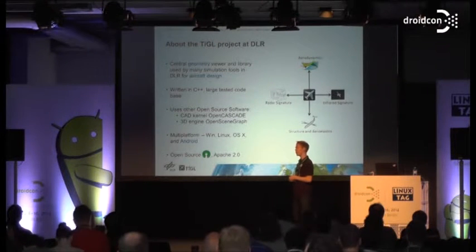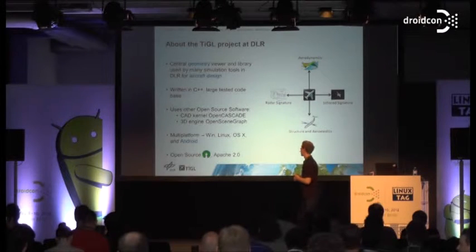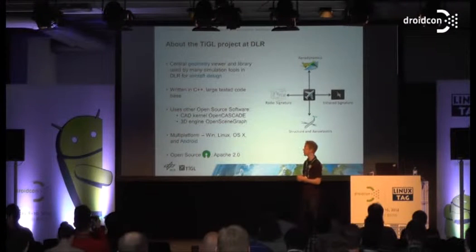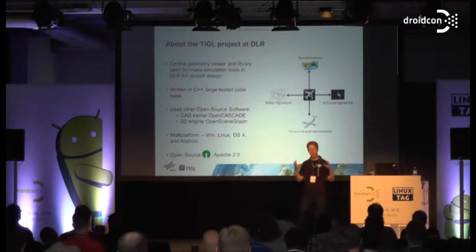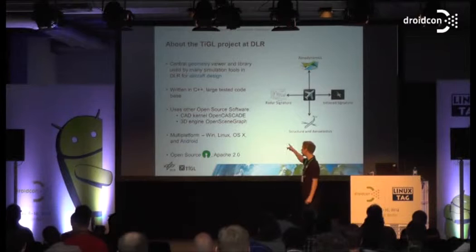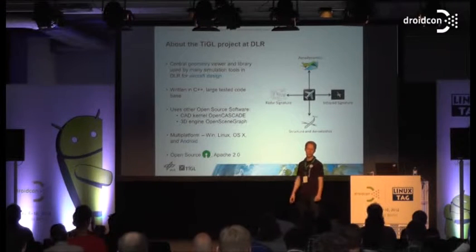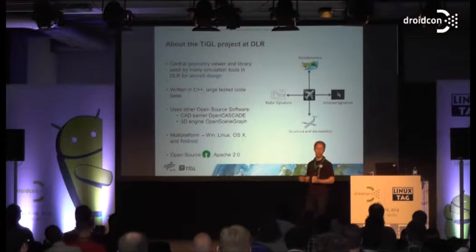It has a quite large code base, and the most important thing is that it's tested. And we're using other third-party libraries, and the most important one is the Open Cascade CAD kernel. So we're using a CAD kernel inside our tool to create the geometries, and this one consists of 4 million lines of code, so you don't want to rewrite that, right?